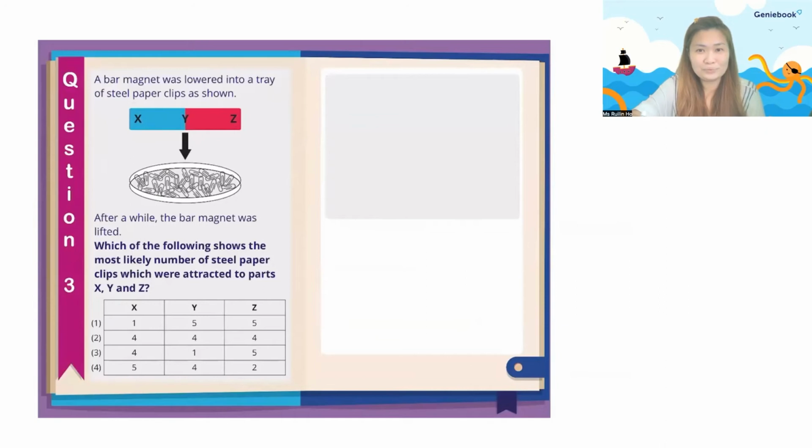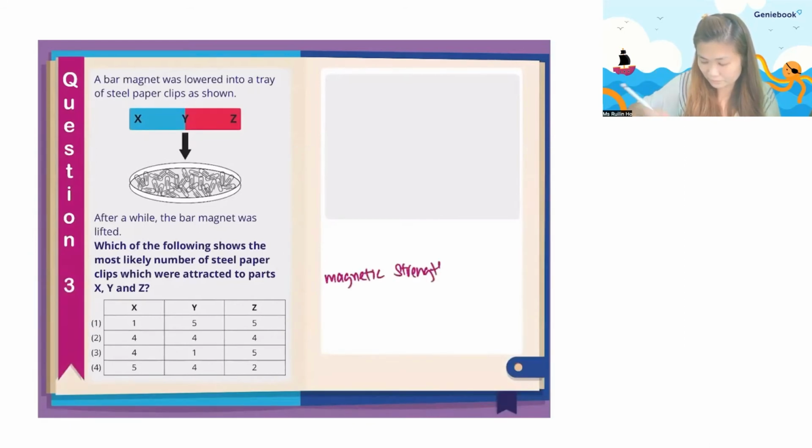Let's go. What can you recall about the strength within the magnet itself? A characteristic of a magnet is that it's always strongest at the poles. So I'm going to put down here, magnetic strength is strongest at its poles.